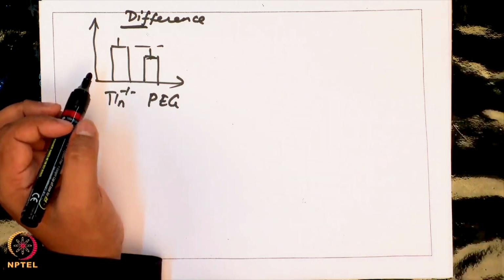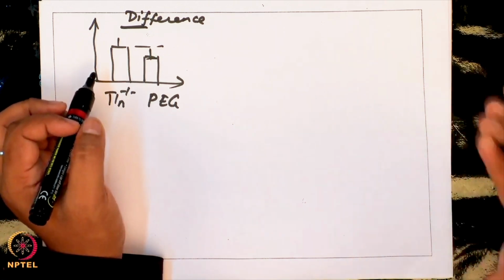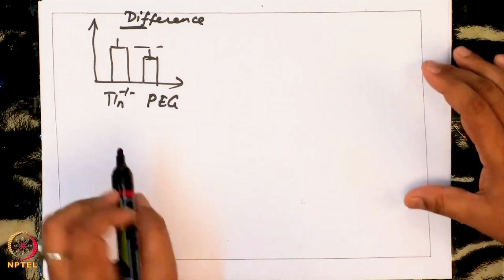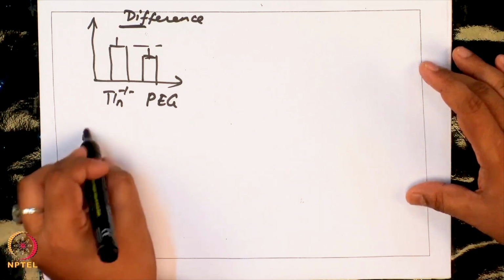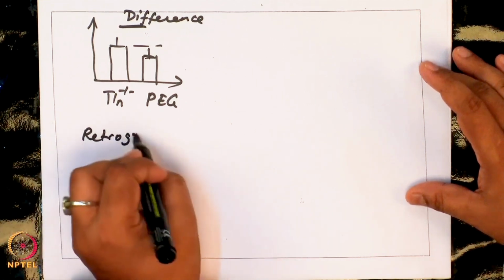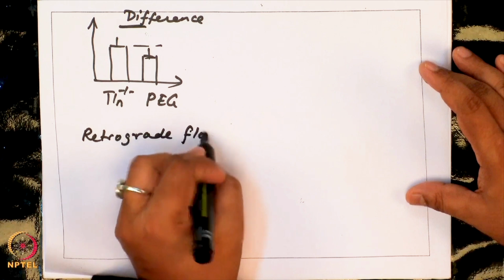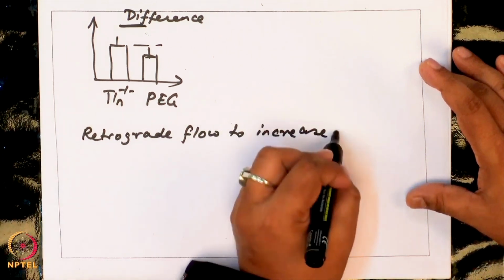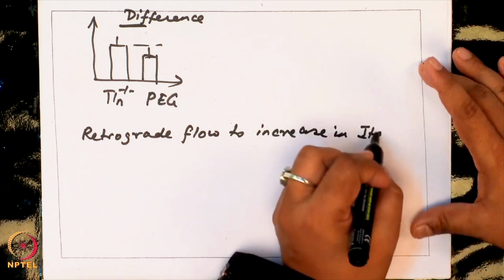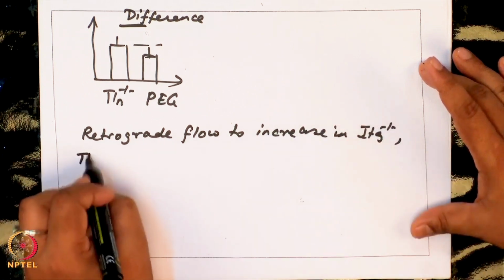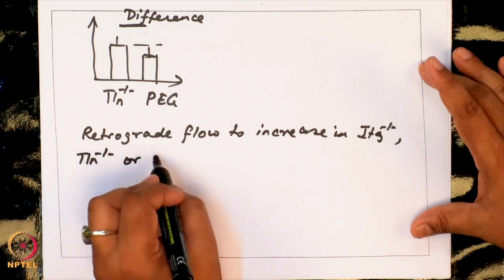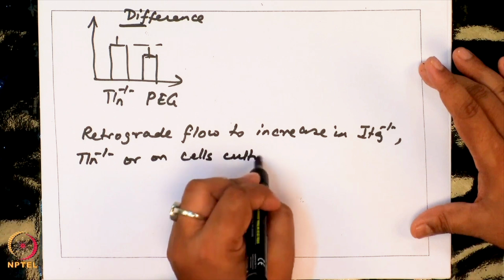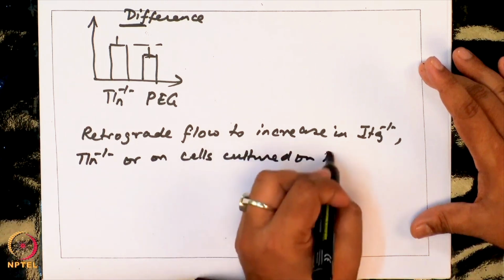First of all, there are two questions: how does retrograde flow increase in integrin null or talin null cells or cells cultured on PEG surfaces?